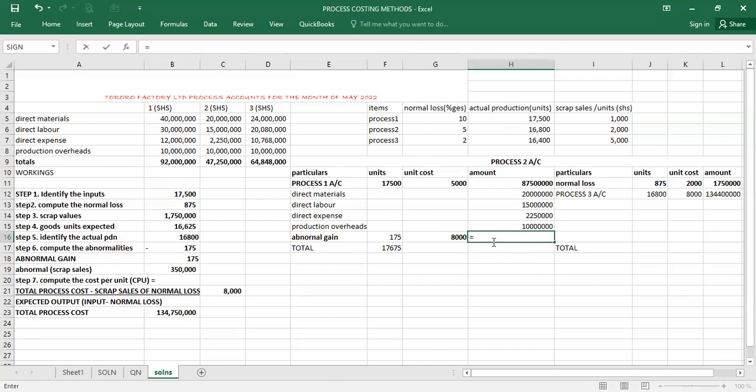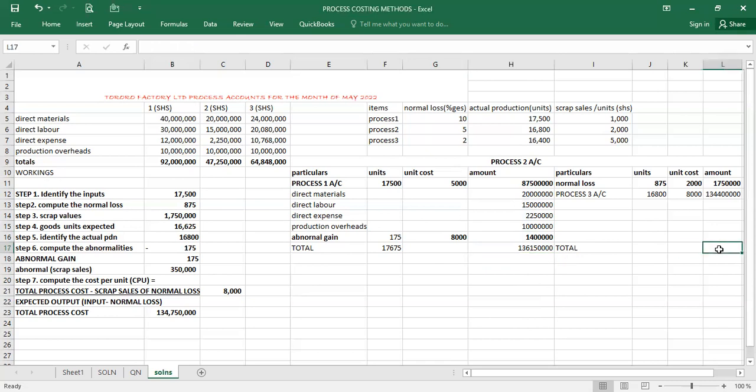This equal sign, this will multiply by this. So we get the equal sign sum. Let's enter. This is now our total.